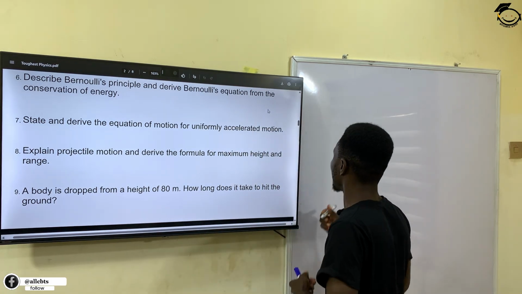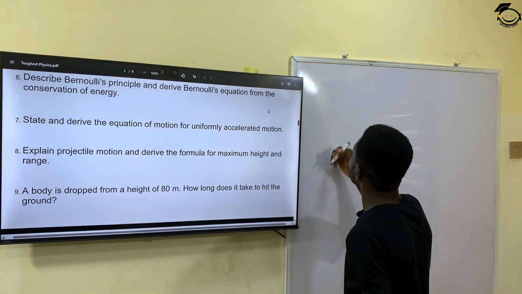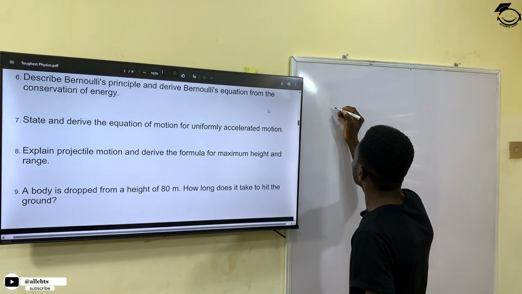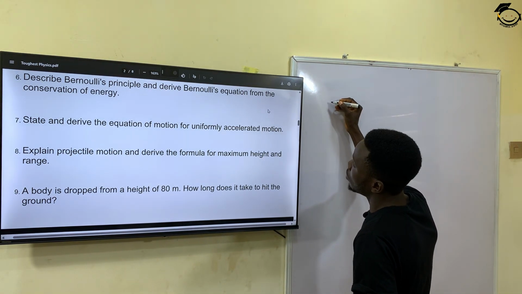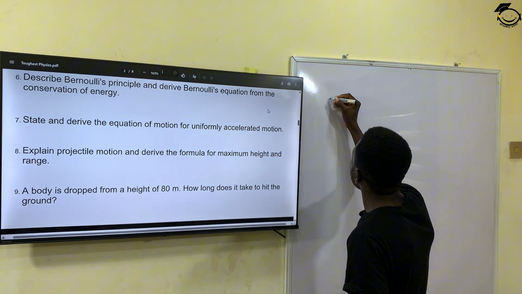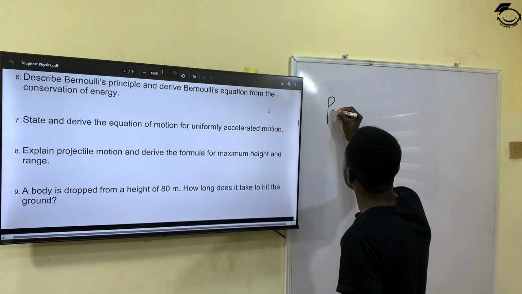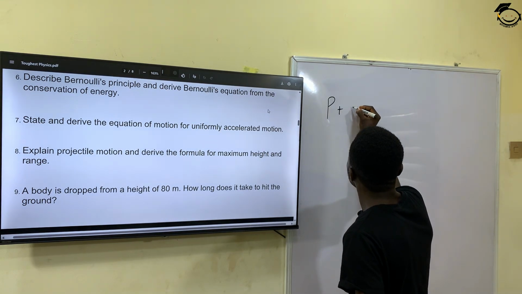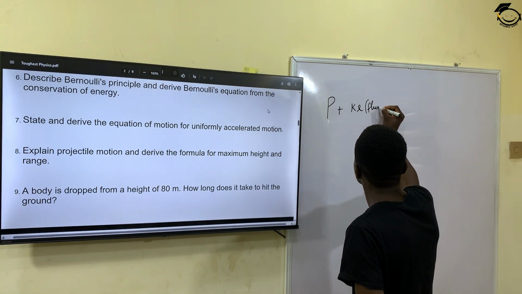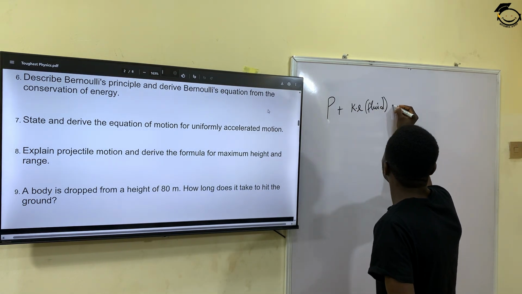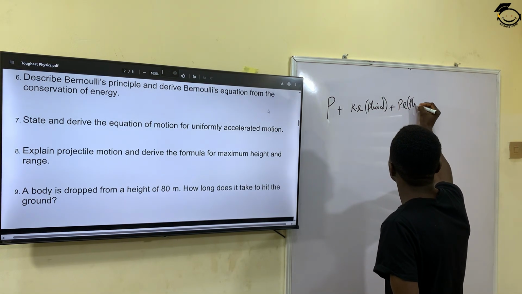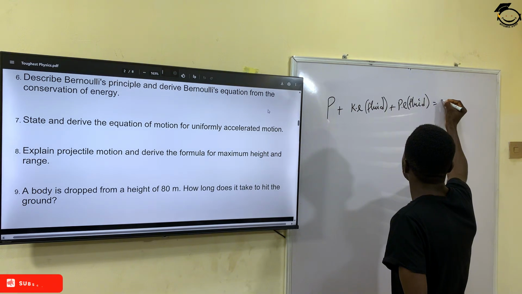From our work-energy formula, the pressure plus the kinetic energy of the fluid plus the potential energy of the fluid is constant.